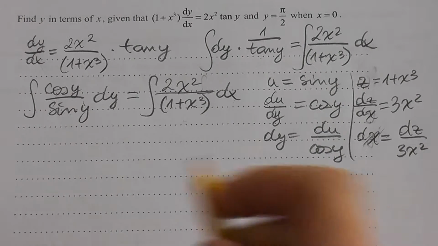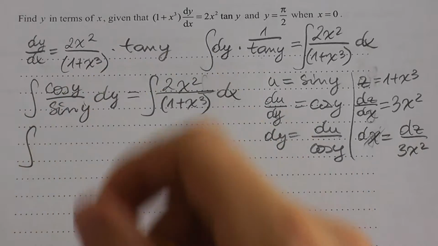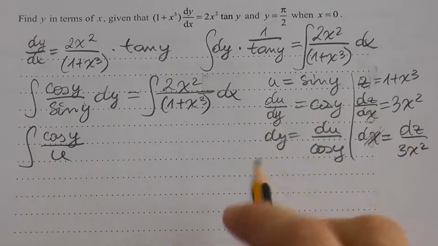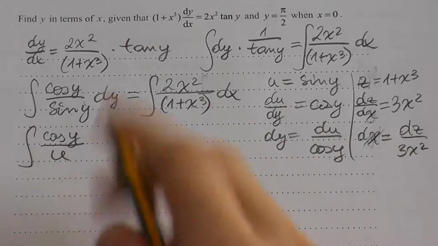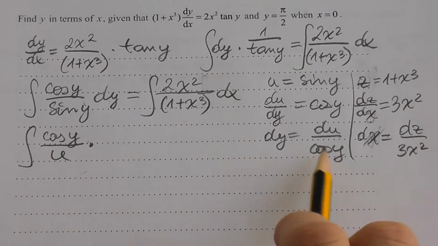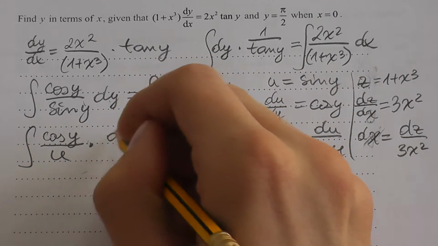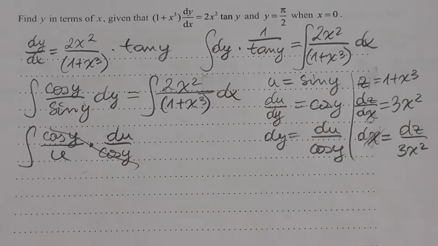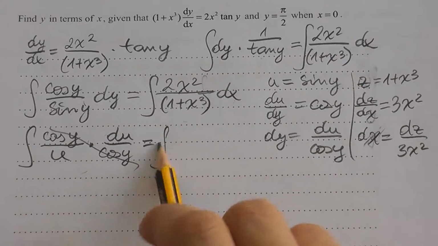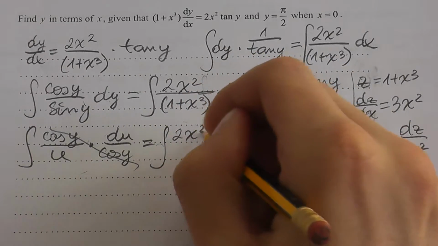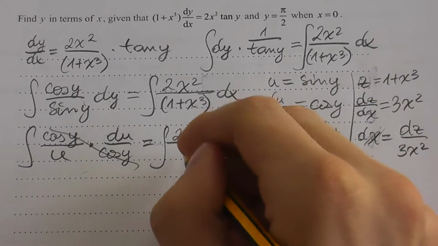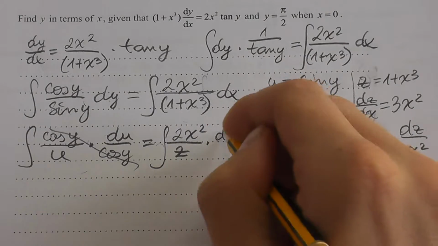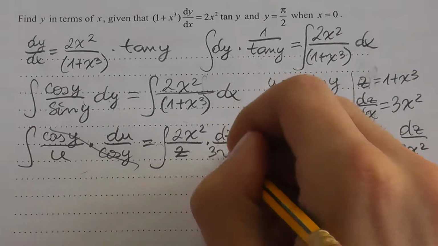From this it follows that we can rewrite our integrals as the integral of cosine y over u, because we say that sine y is u, times dy, which we have here figured out is du over cosine y. Isn't this convenient? The cosine y's cancel. That is then equal to what we get here, 2x squared divided by what we have replaced with z times dx, but dx we said was dz over 3x squared.